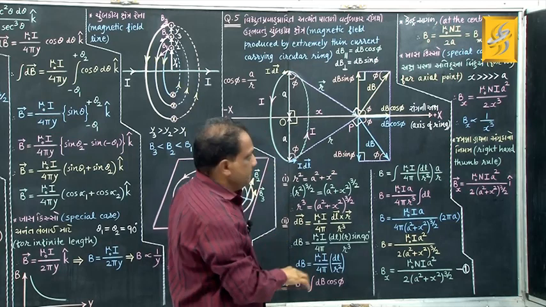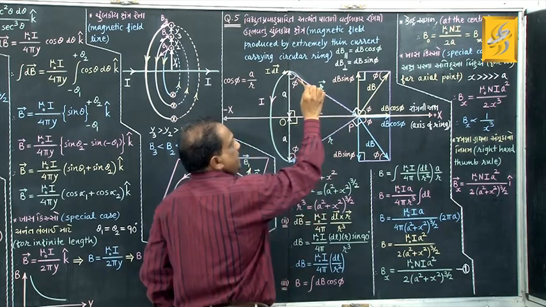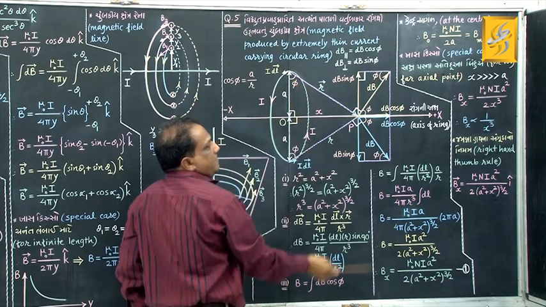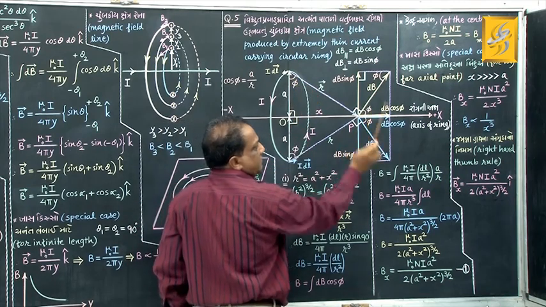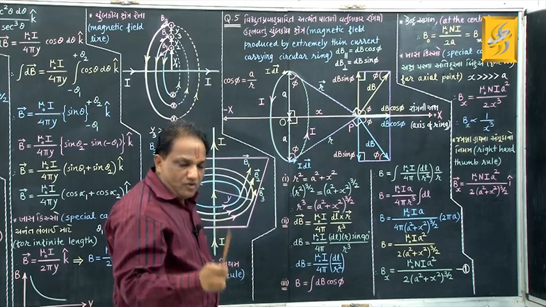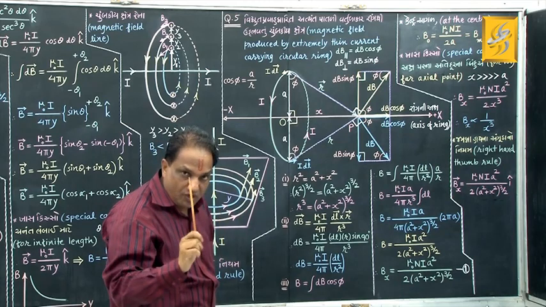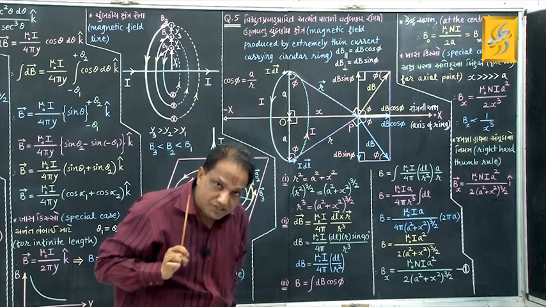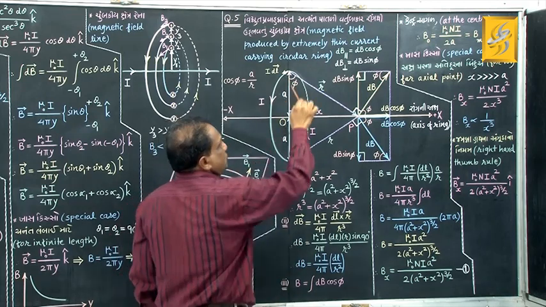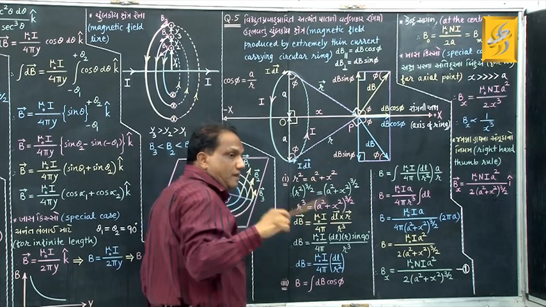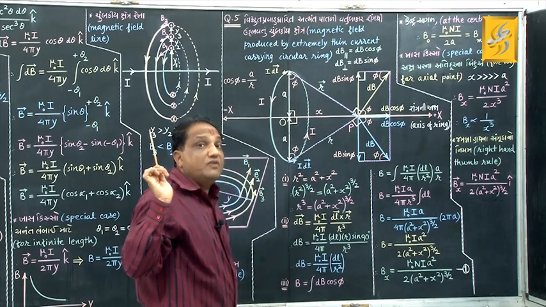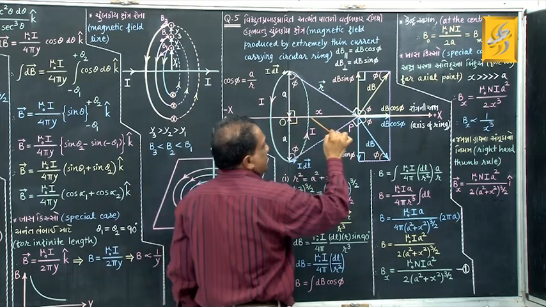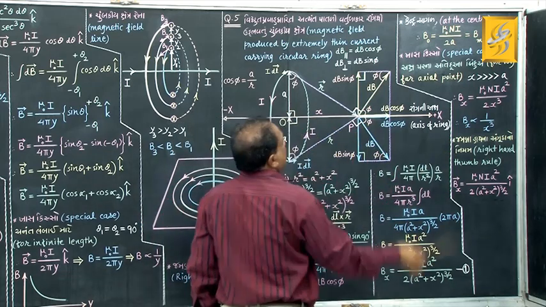Got it? Fine. Now just take this angle to be phi. If this angle is phi, this also will be phi. I told you, whatever is the angle between two given line segments, same is the angle between their perpendiculars. Angle between these two line segments is phi, then angle between their perpendiculars also must be phi. Perpendicular to this is this.